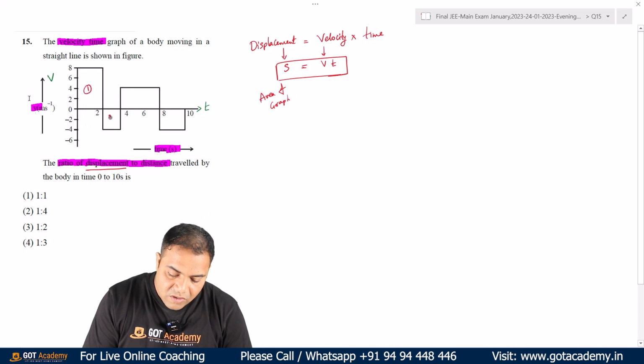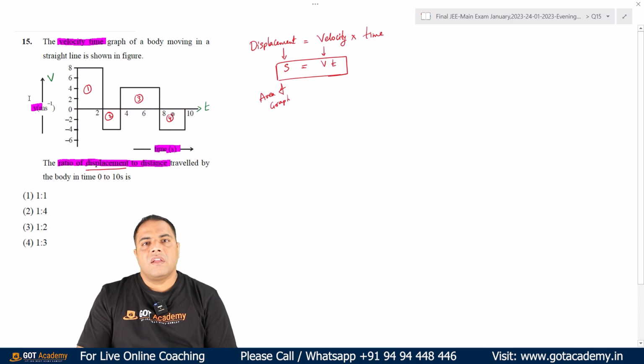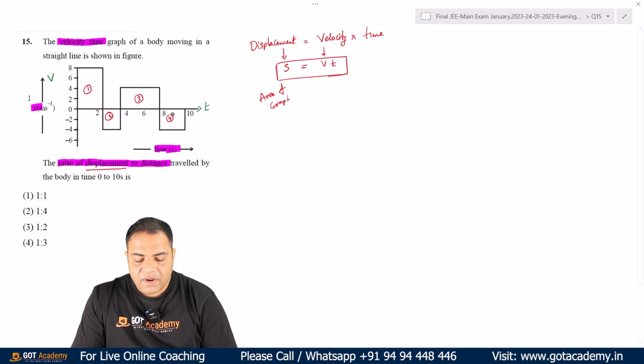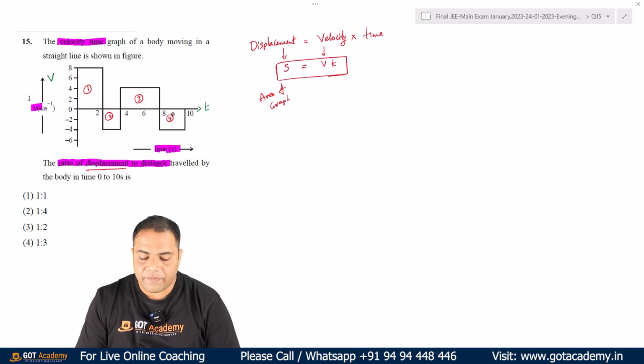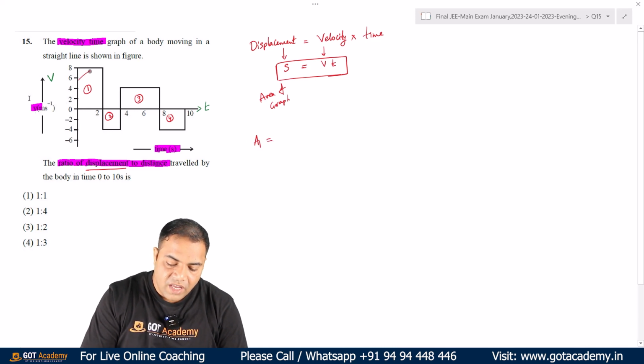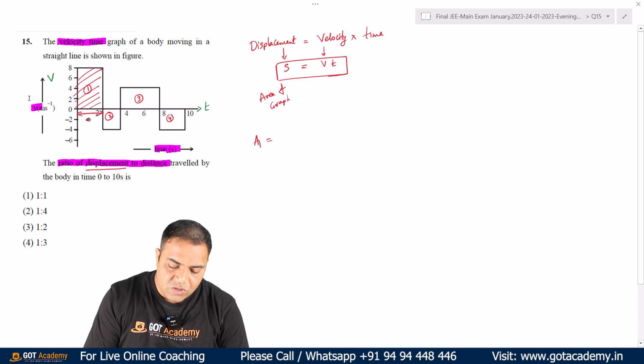Let me write this as 1, 2, 3, 4. There are 4 different areas, and all are rectangles in shape. So the area of the first one, A1. If you observe this rectangle, its length is 2, whereas this part is 8.